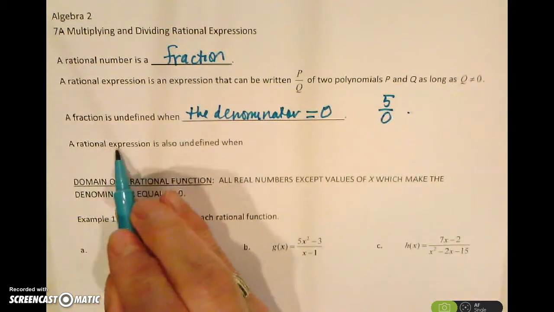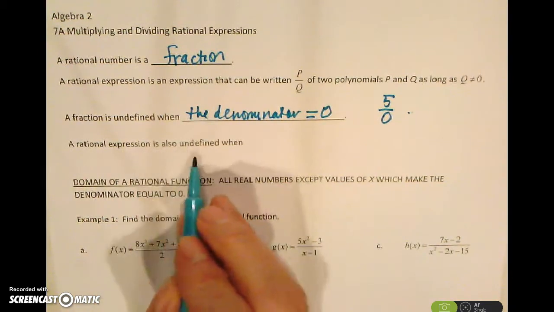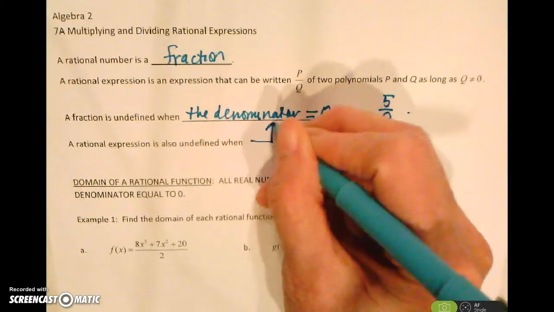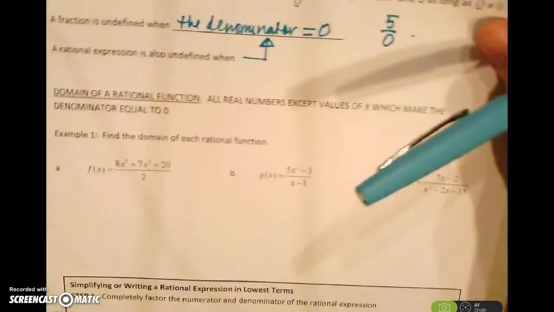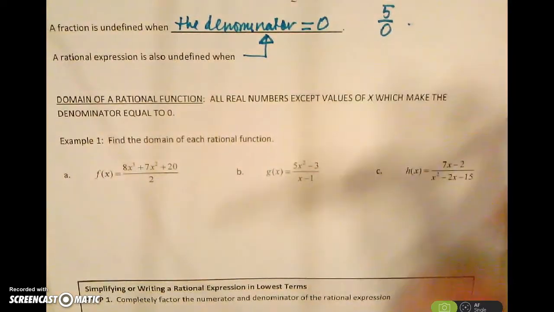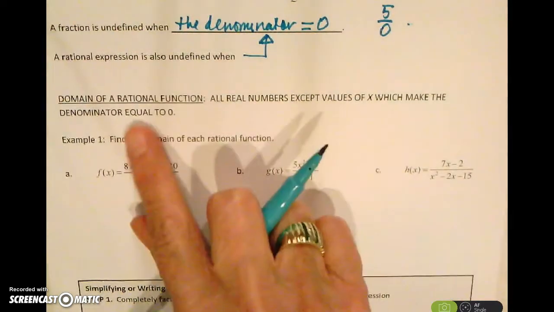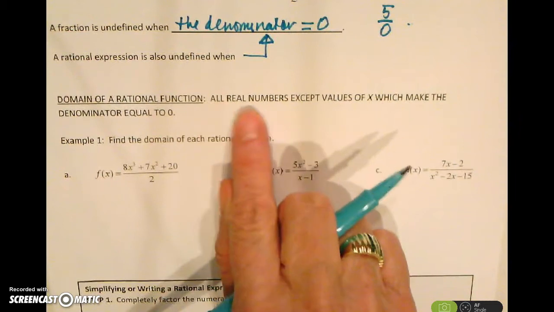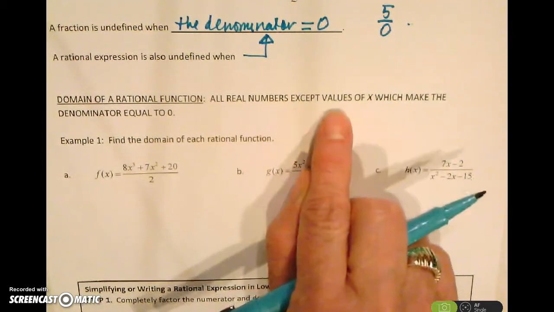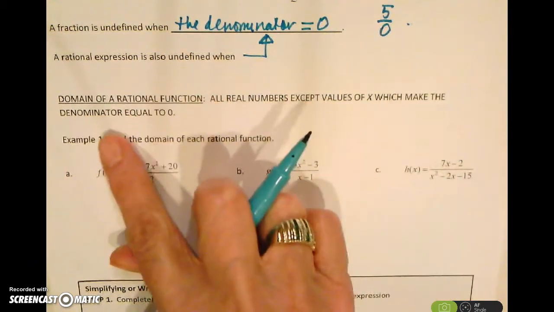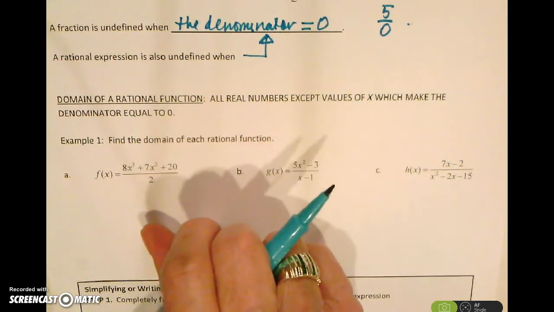A rational expression is also undefined when the denominator is equal to 0. So we'll talk about the domain of a rational function. And the domain of a rational function will be all real numbers, so it will always be all real numbers except any value of x which makes the denominator equal to 0.